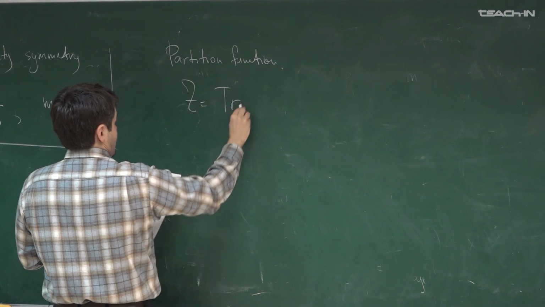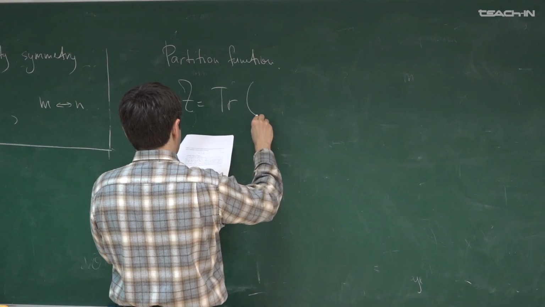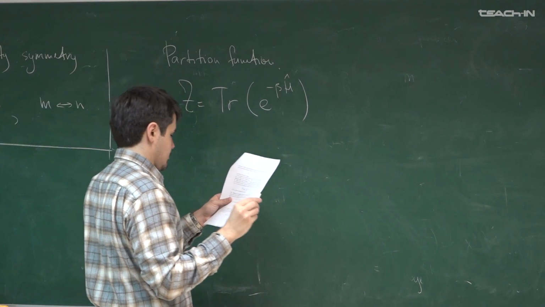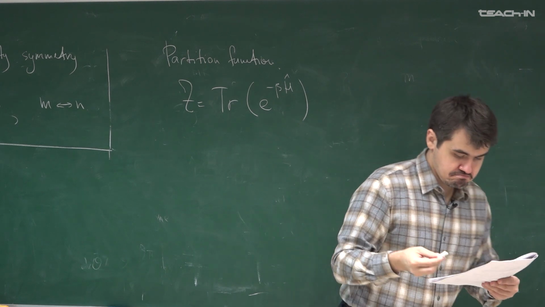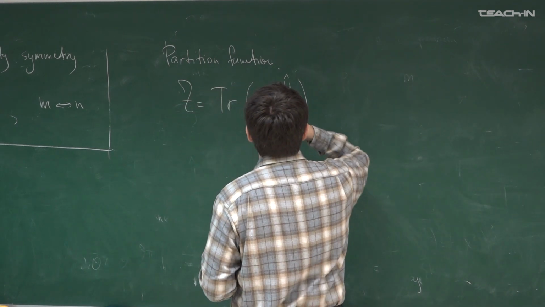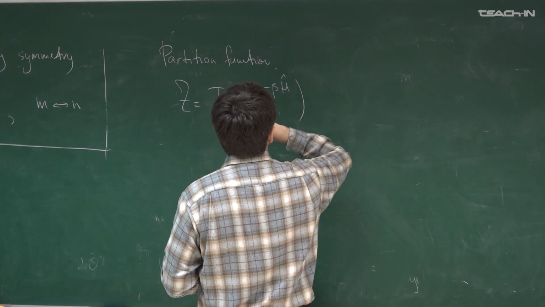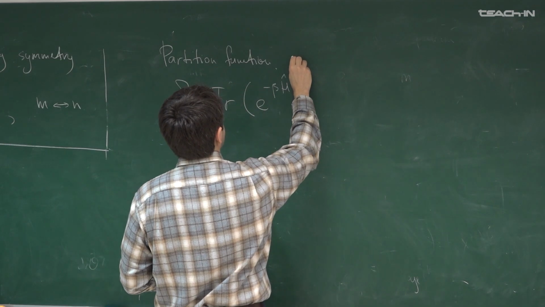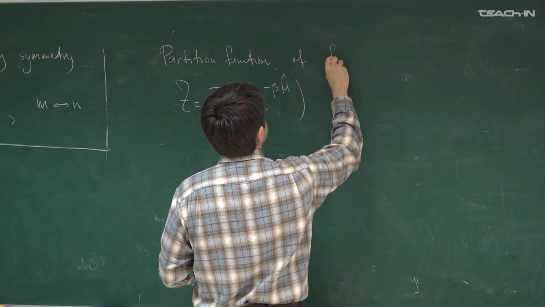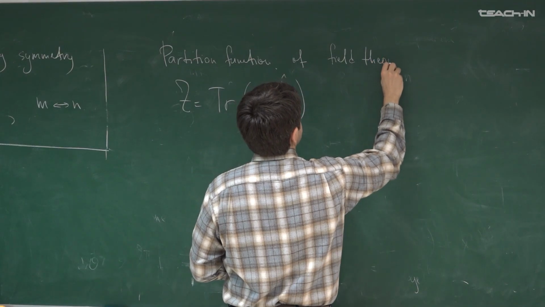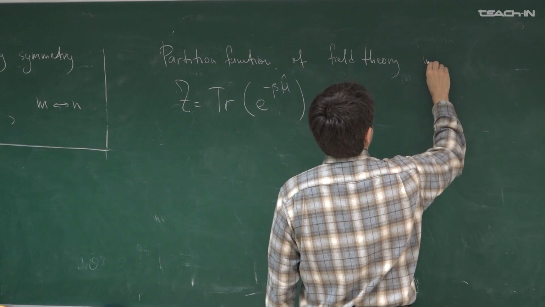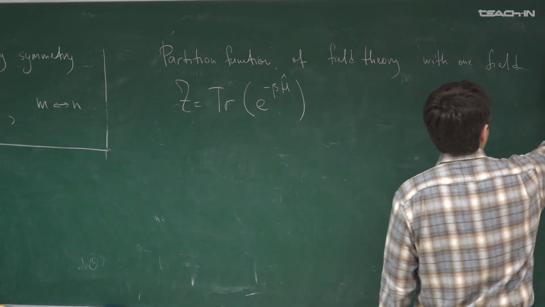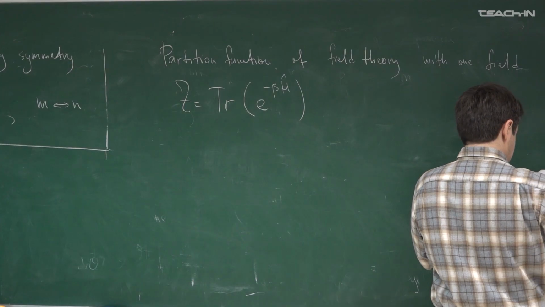Here we will consider the theory where we just have one circle, a field theory with one field, x 25 if you like, or whatever x, we will also call it phi.